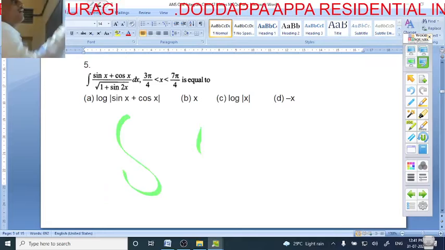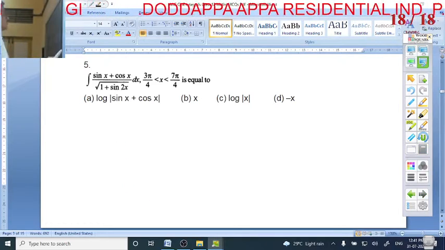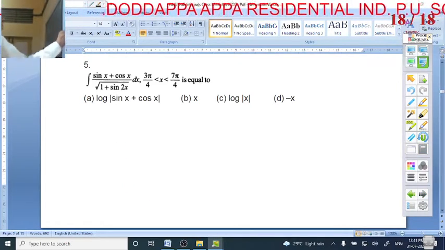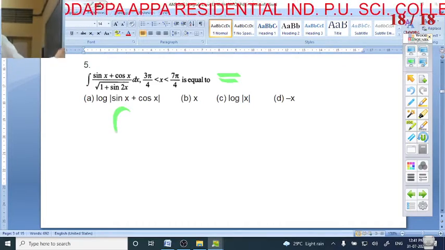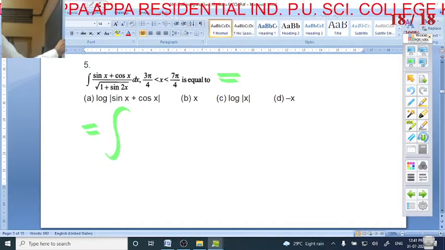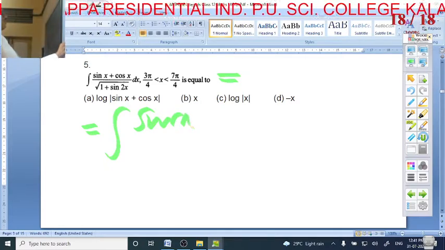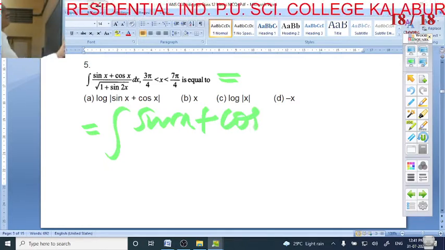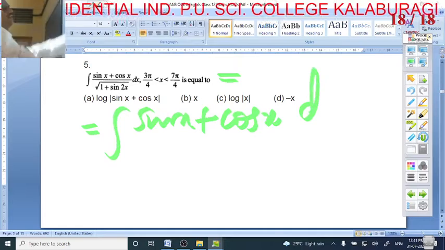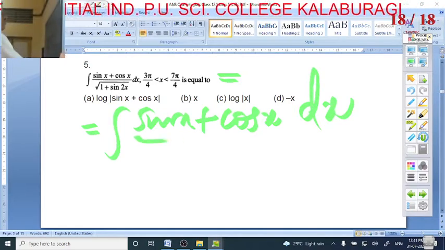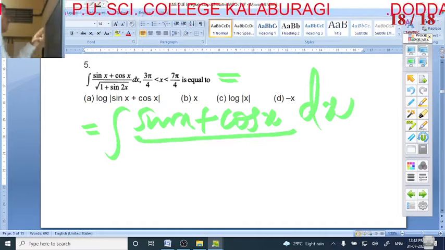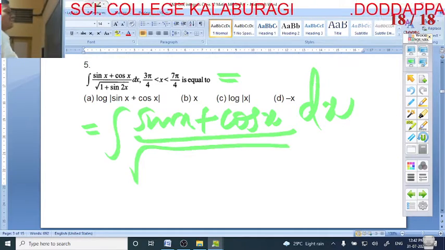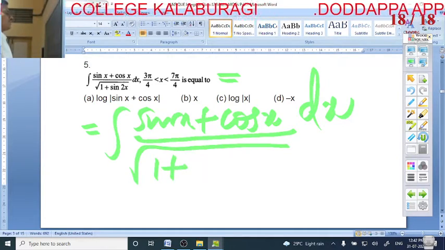Once again, if you want, I am going to write: the numerator is no problem, sin x plus cos x dx, whole divided by the square root of 1 plus sin 2x.